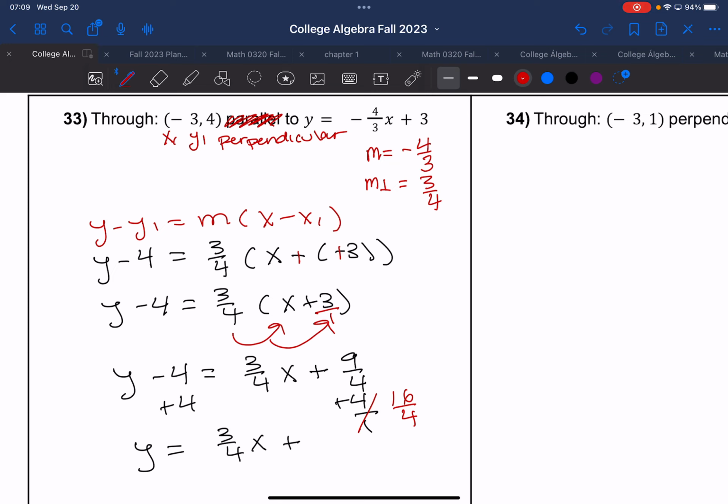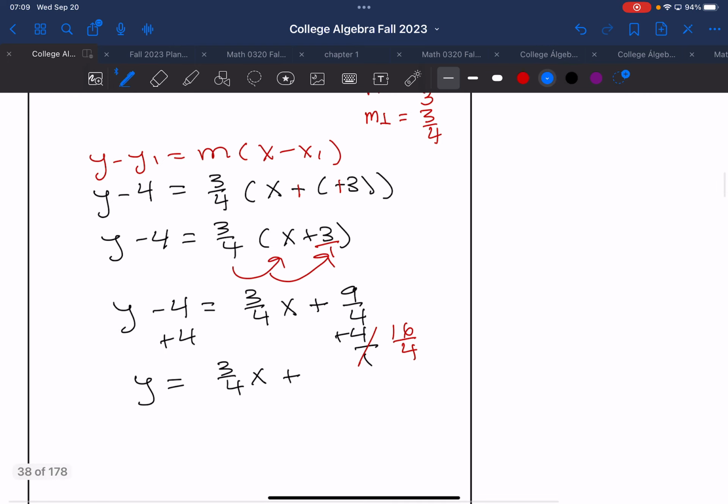I'm sorry, I got ahead of myself, we're adding the numerators here. 9 plus 16 is 25, which means this is the 25 over 4, and it's still over 4, so we are putting that in our equation.